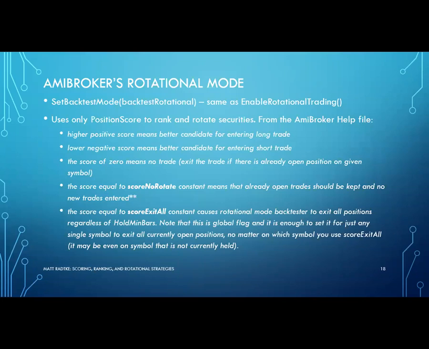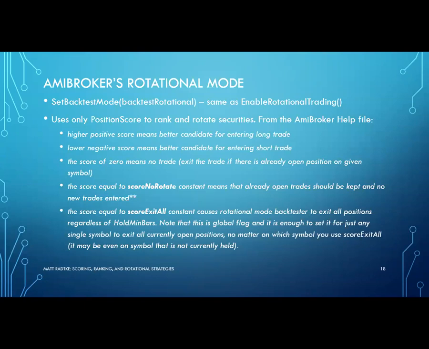You can also set your position score equal to a constant named scoreNoRotate, which means that basically all of the trades that are currently open are going to stay open. And you'll see the 2 little asterisks there. We'll get to that in just a second. There's another predefined constant, scoreExitAll, which causes the rotational mode backtester to exit all the open positions, regardless of any other settings. It just says, get out now.